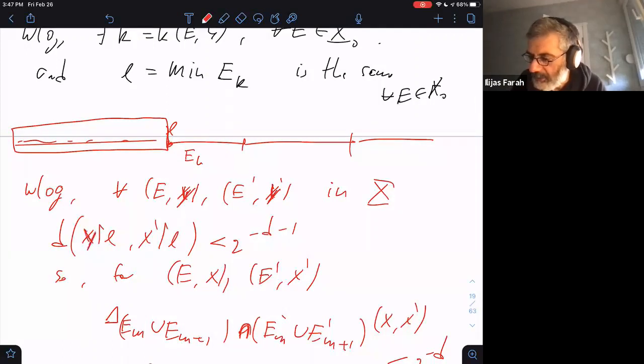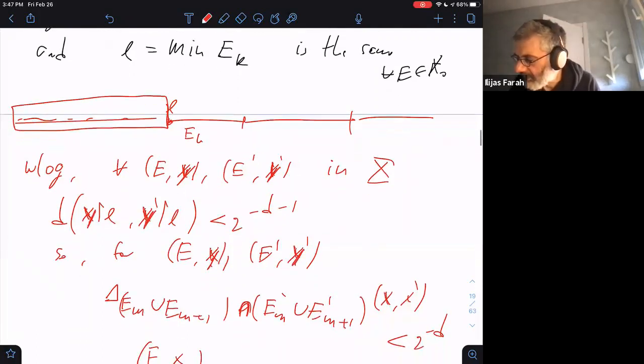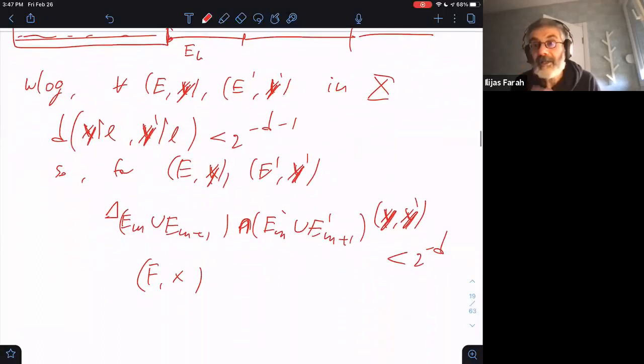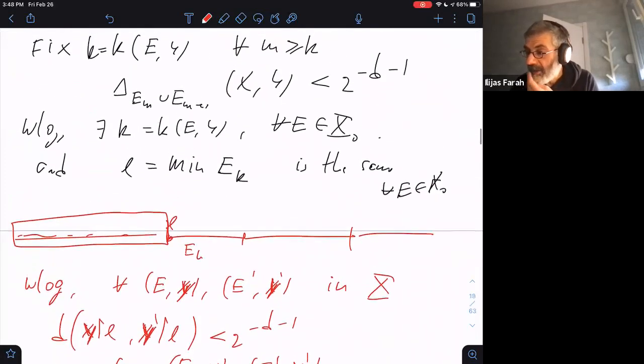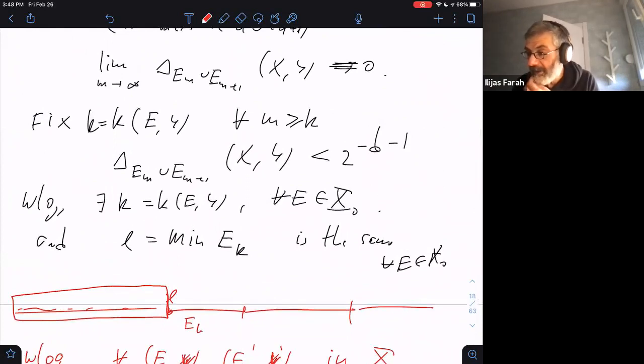Sorry, nobody stopped me. Y here, and Y here, Y and Y. So the distance can be at most 2 to the minus d, but that is a contradiction.